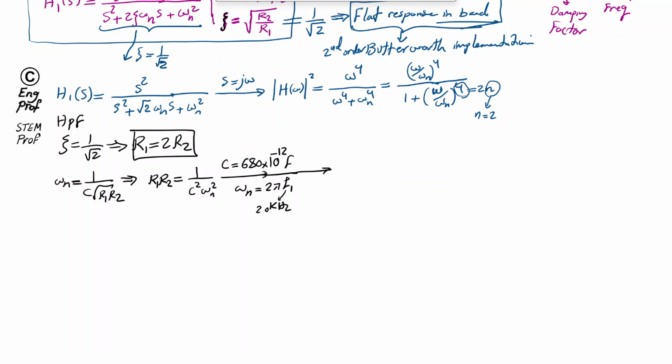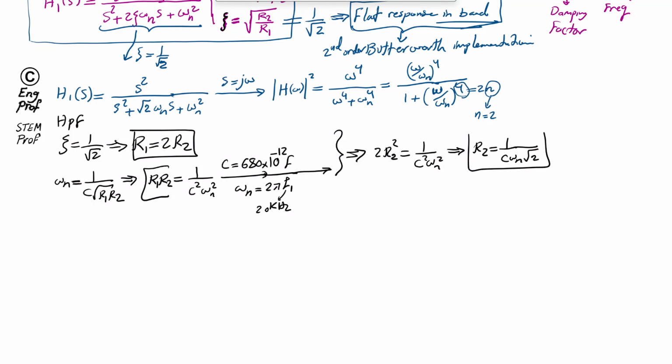Then with this we have the definition of R1 and R2, so we know that, and we also know that R1 is 2 times R2, so we can find the value. Substituting, we get 2 times R2 squared equal to 1 over C squared omega n squared, and therefore R2 is 1 over C omega n times root 2.